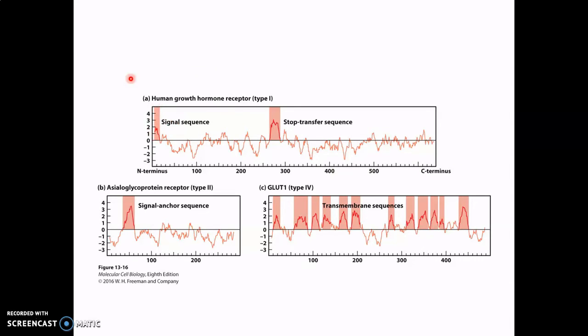So if we were to look at the primary structure of a protein that we can deduce from the DNA sequence, we can make certain predictions on, okay, I think this might be a transmembrane protein. This gets even easier when we have multiple transmembrane domains. If you look at something like this, there's little doubt that this is a spanning protein.